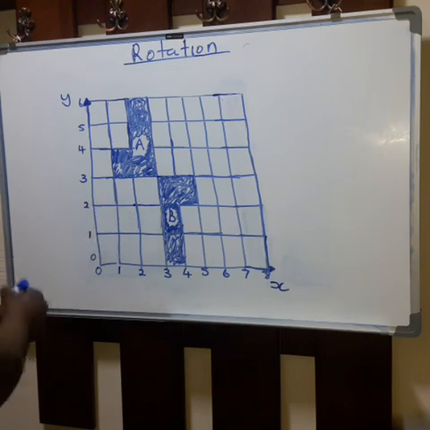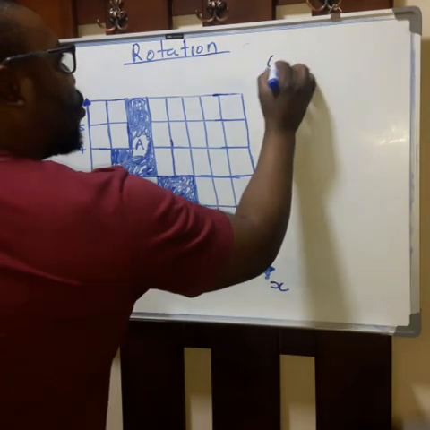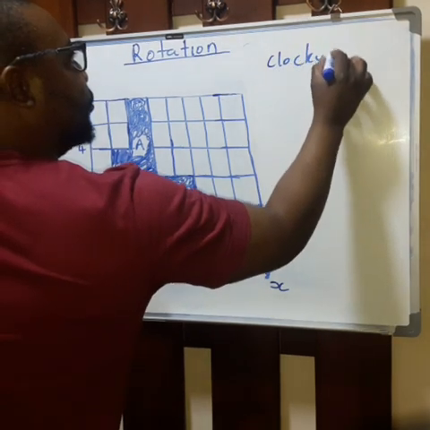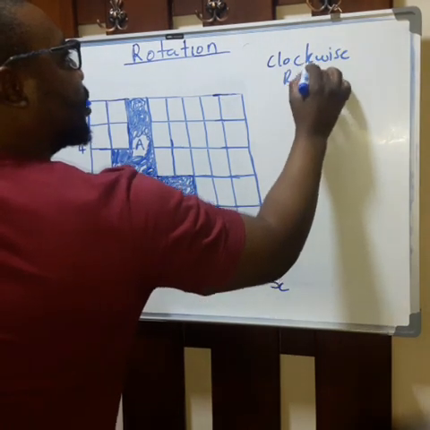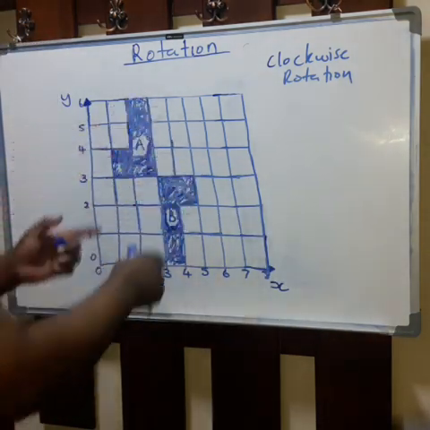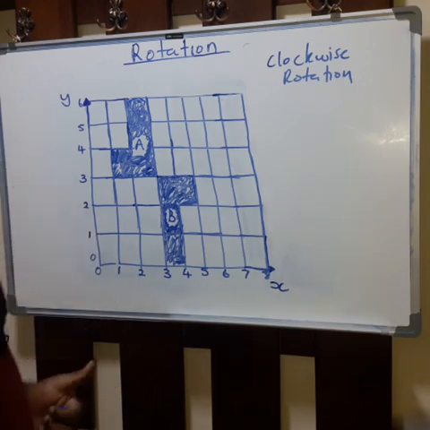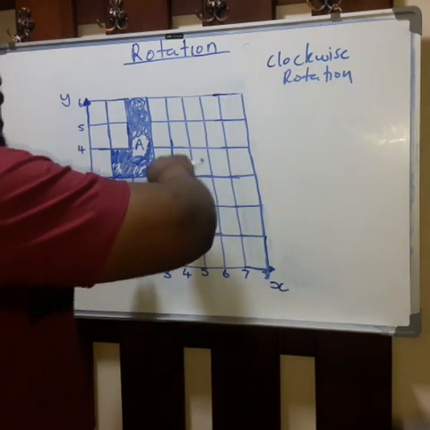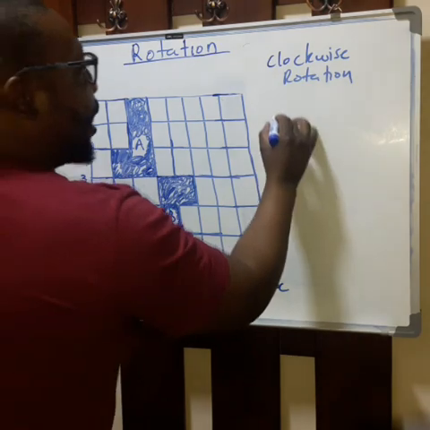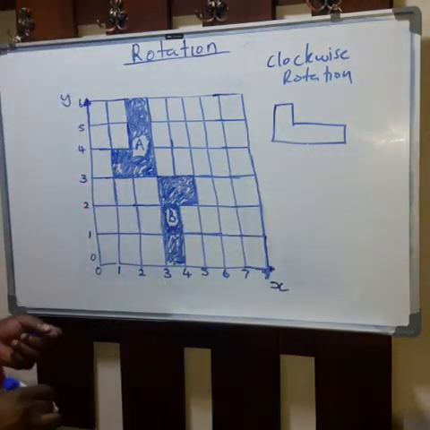So what I can see is that there is a clockwise rotation. So the shape A has undergone rotation in a clockwise direction. But now we need to know the degrees it has turned. If it turns 90 degrees clockwise, the shape becomes like this.